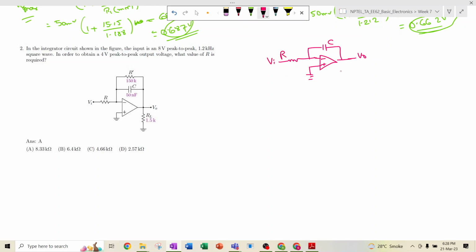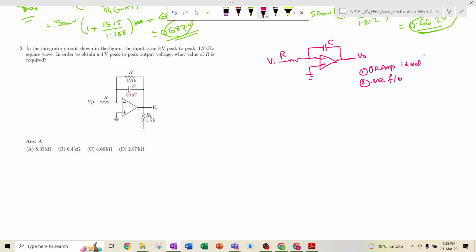Okay, so let's consider the op amp to be ideal. That is the first condition, and the second is that it has negative feedback. There is a negative feedback path where the capacitor is connected across it, and through the capacitor the output is fed back to the inverting terminal.